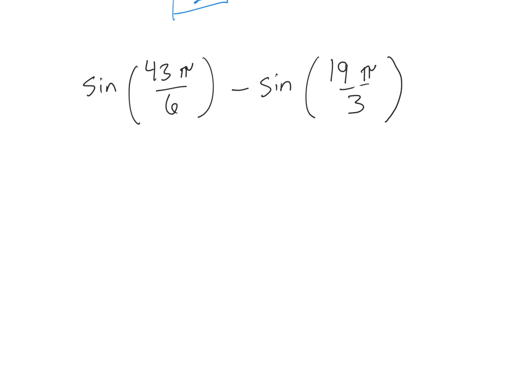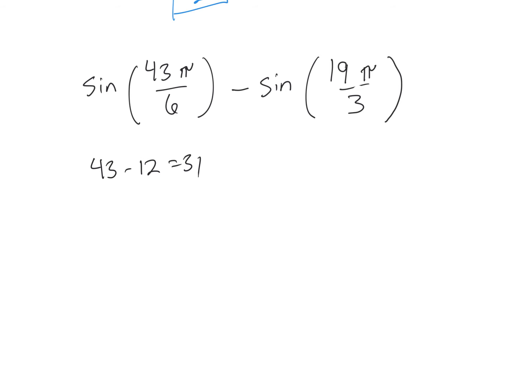If I try to take away 2 pi's, the largest multiple of 2 pi that I can from 43 pi over 6, each time we want to take away 12. So 43 minus 12, that's a 2 pi, gives me 31.